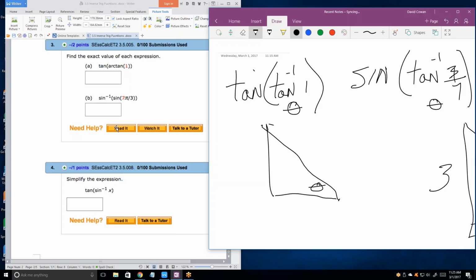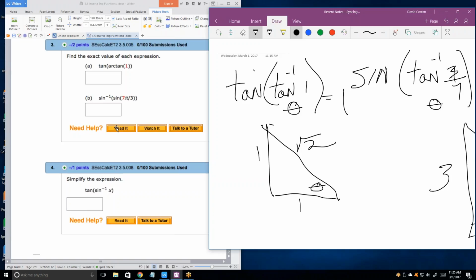And now I know that that has to be 1 and that has to be 1. And then I'm going to figure out that's square root of 2. And now, what's the tangent of theta? 1 over 1. So the answer is 1.